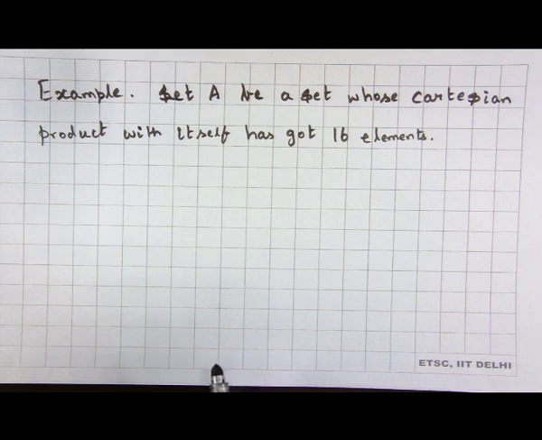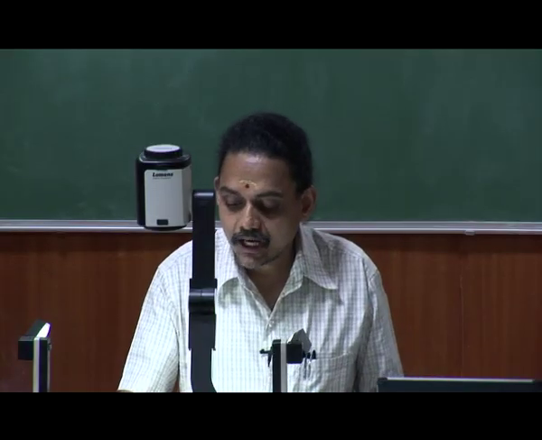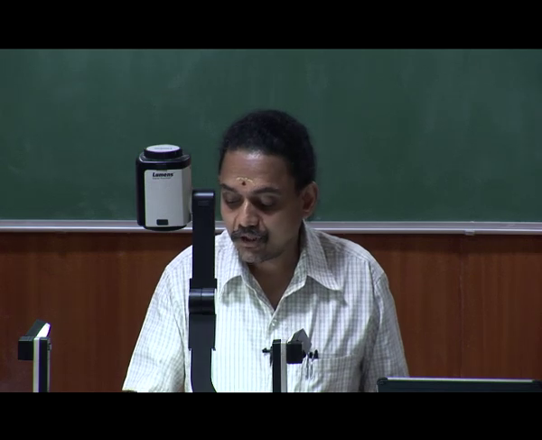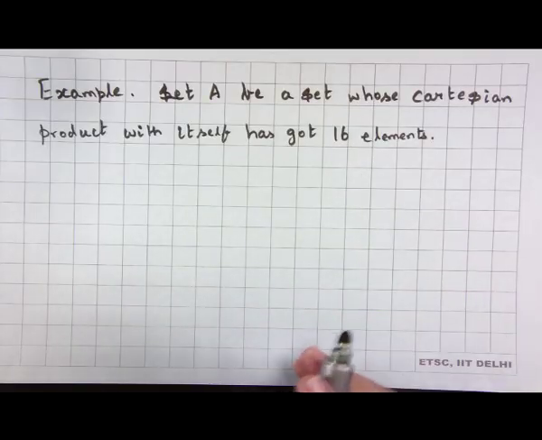So, we are given a set A such that when you take the Cartesian product of A with itself, then it is going to have 16 elements. This is the first clue that we are given. That means A cross A has got 16 elements. That means A is going to have 4 elements, fine.